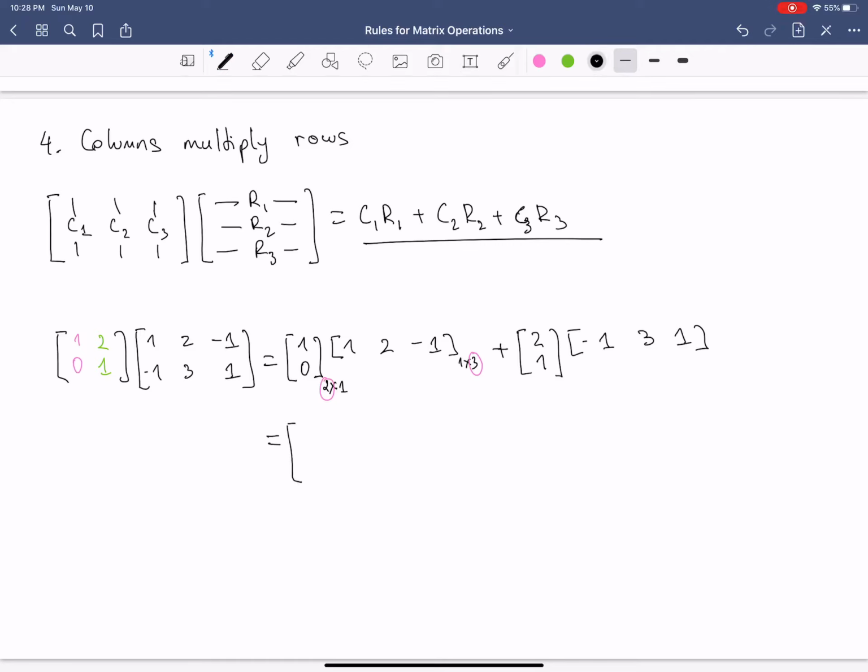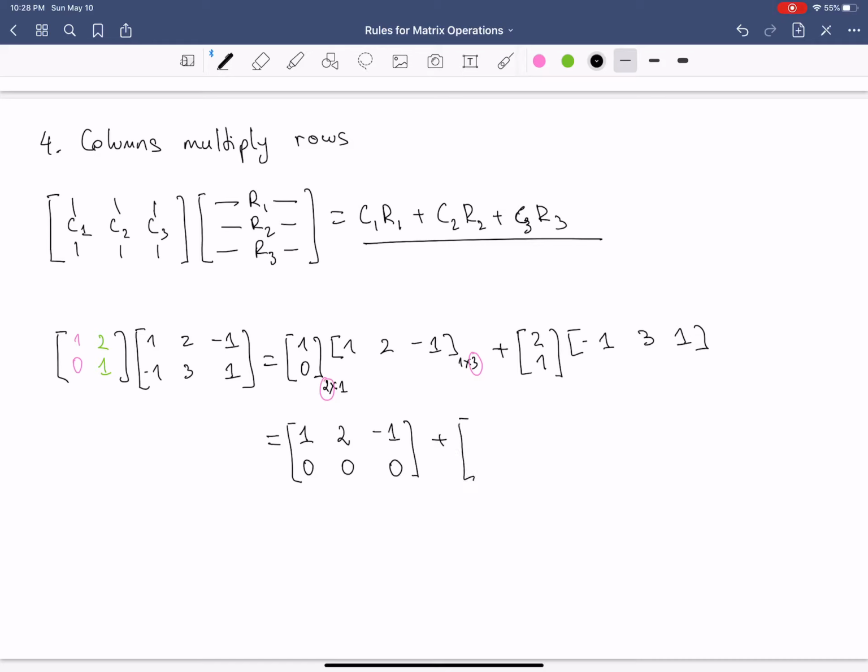First row times first column is literally 1 times 1. Then first row times second column is 1 times 2, which is a 2. Then first row times third column is 1 times -1, that's just -1. In other words, it's 1 times that row vector, and now we have 0 times that row vector, so we just get zeros over here.